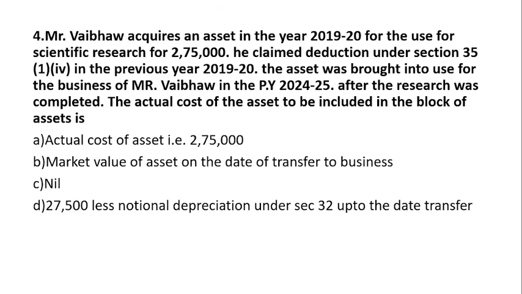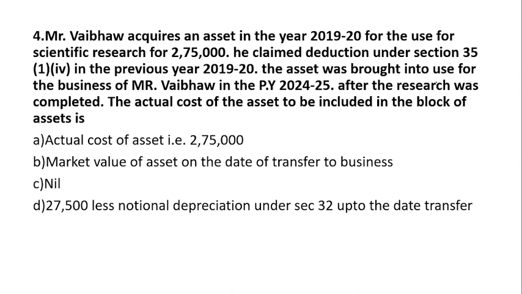Next question: Mr. Weber acquired an asset in the year 2019-20 for the use of scientific research for 2,75,000. He claimed deduction under Section 35(1)(iv) in the previous year 2019-20.